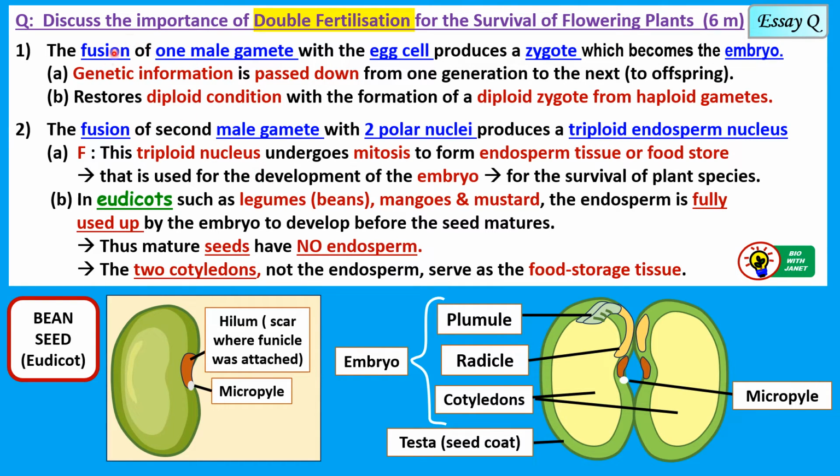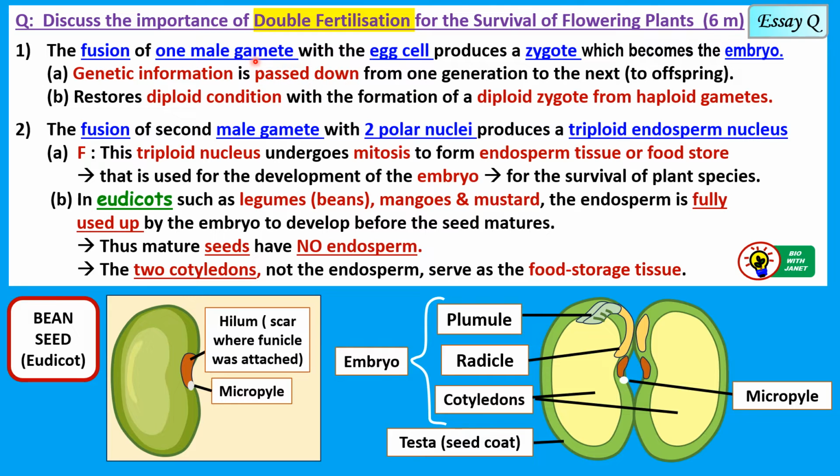So what is the significance or importance of this process? Now, it helps genetic information to be passed down from the parent, or from the generation of the parents, to the next, which is the offspring. It helps genetic information to be passed down from parent to offspring. Okay, how does that happen?